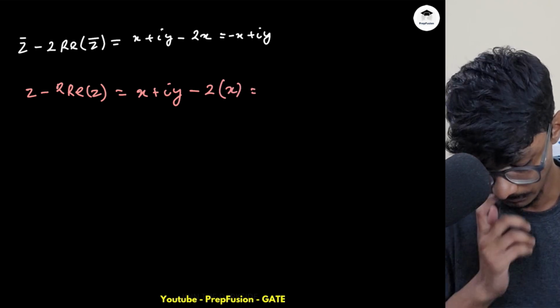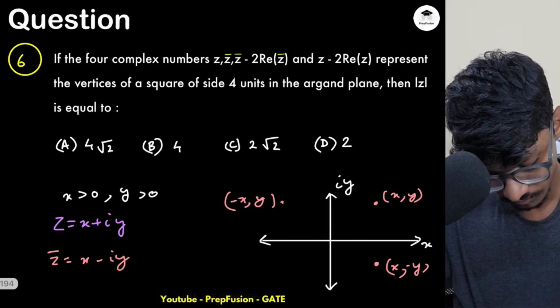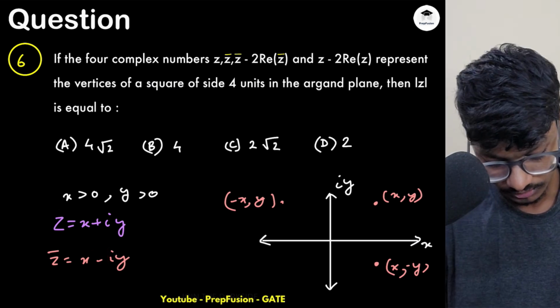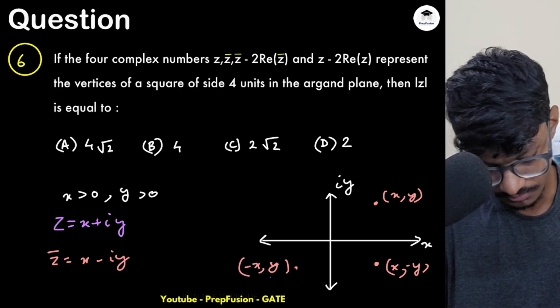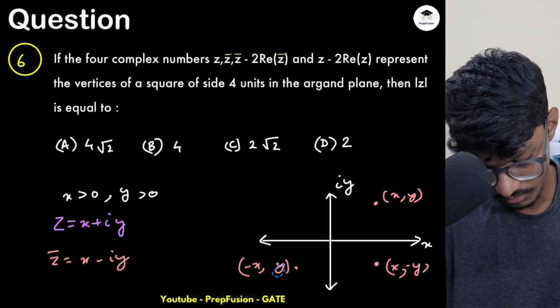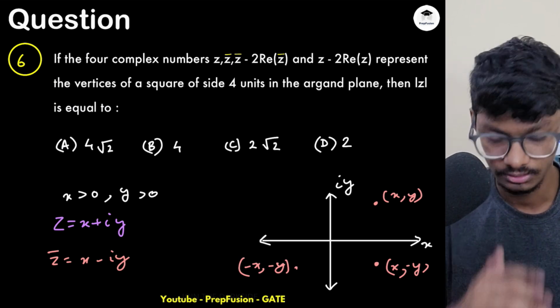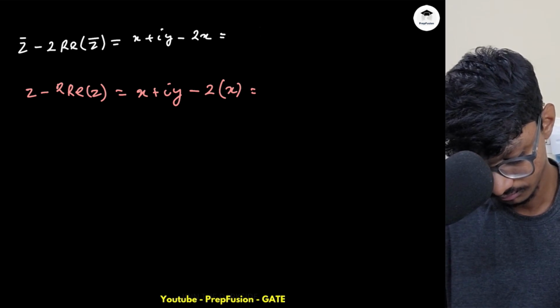Have I made any mistake over here? Okay, my apologies. This will be minus iy. So this point will lie here in the third quadrant, not in the second quadrant.